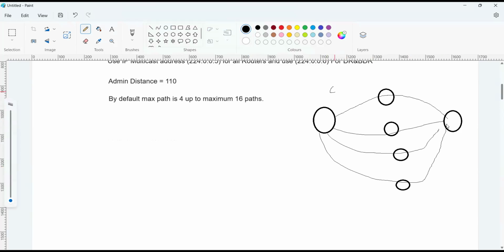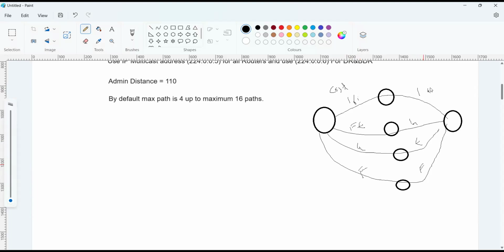Whichever path has the lower cost is the first preferable path. Here we have gig ports and fast Ethernet ports.